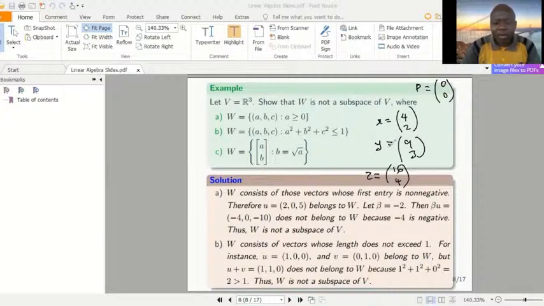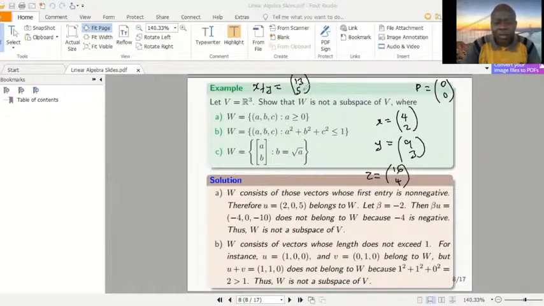Now, if the sum of any two vectors in W, let me take this and this, these two vectors, X and Y, and add, I'll get 13 and I'll get 5. Is this sum in W?